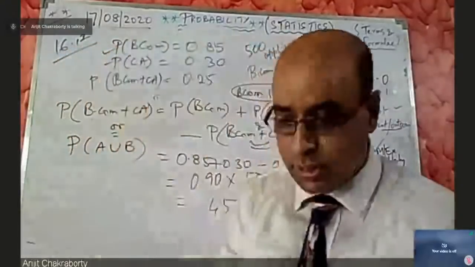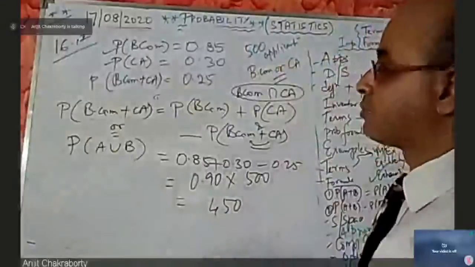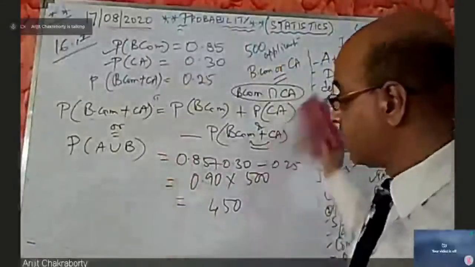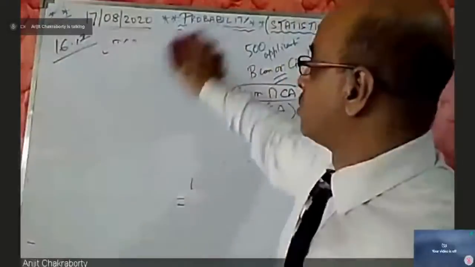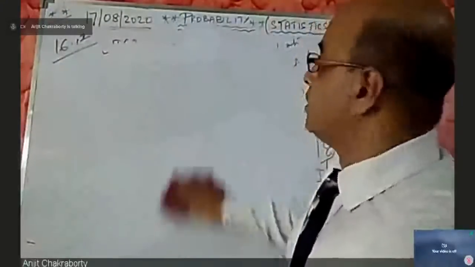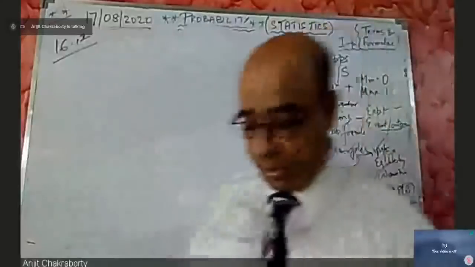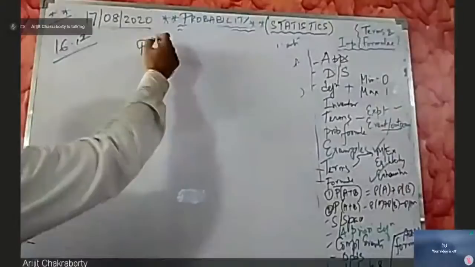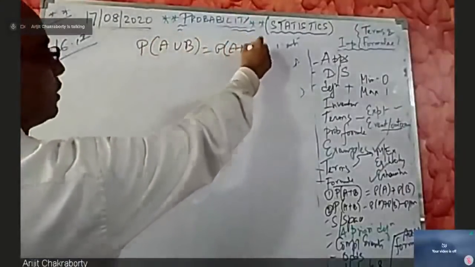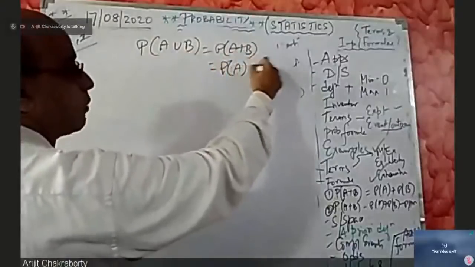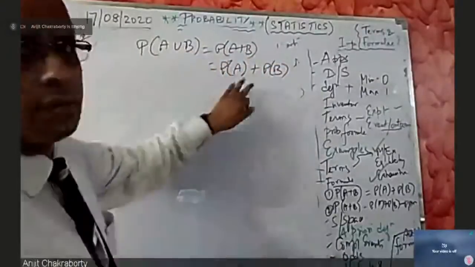There are some theorems. Up till now we have seen many of the theorems; this example itself is built on a theorem, P(A plus B) for mutually exclusive events. Theorems 1, 2 and 3 I have already done. The basic theorem is P(A union B), or P(A plus B), which is P(A) plus P(B) if the events are mutually exclusive.